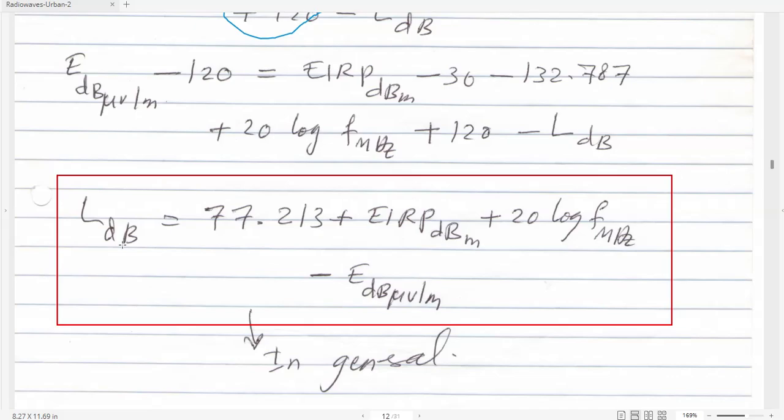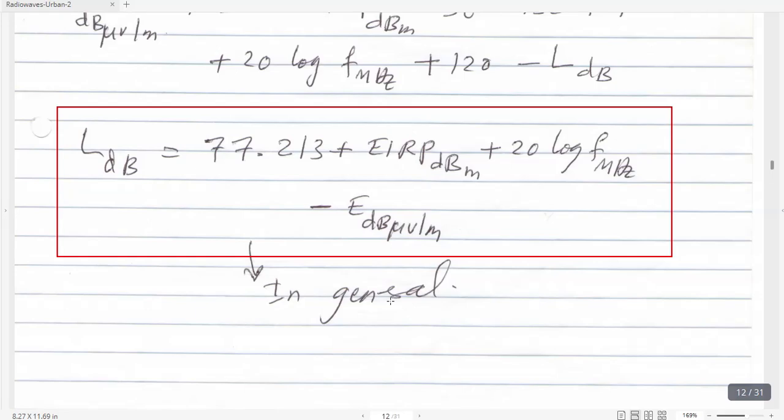This is the loss in dB, and this equation does not exist in the book. So L in dB, the loss in dB, is equal to 77.213 plus the effective isotropically radiated power in dBm plus 20 log the frequency in megahertz minus the electric field in dB microvolt per meter. So this is the equation.